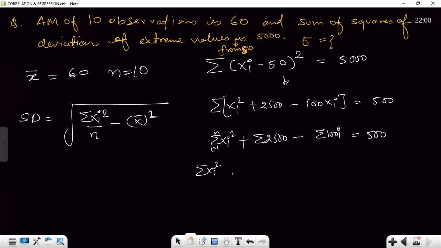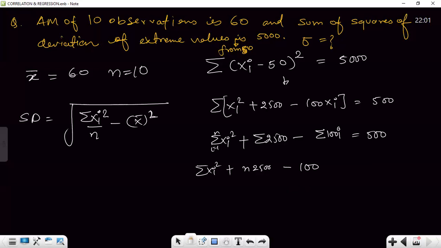Now 2500 is getting added n times, so this will become n times 2500. And 100 xi is 100 times the sum of the xi. Is it clear how I've written this?